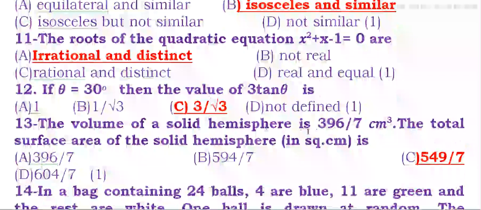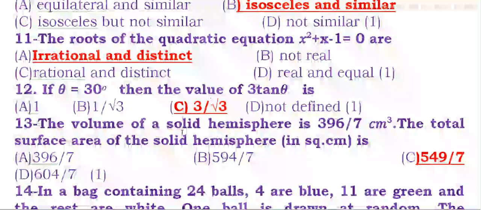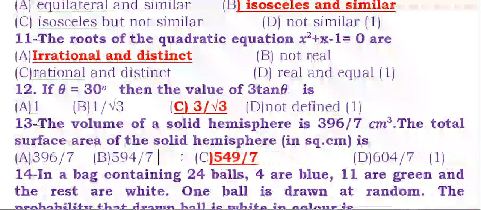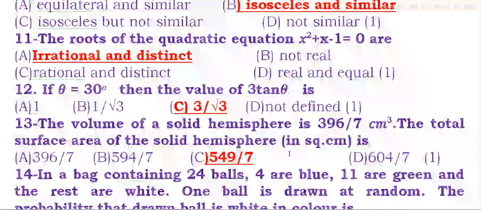Volume of solid hemisphere. The volume of a hemisphere is 2 by 3 pi r cube. So in this, the value of 2 by 3 pi r cube, if we take, we can calculate the radius. 2 by 3 pi r cube, then 27 r cube, then r will be 3.